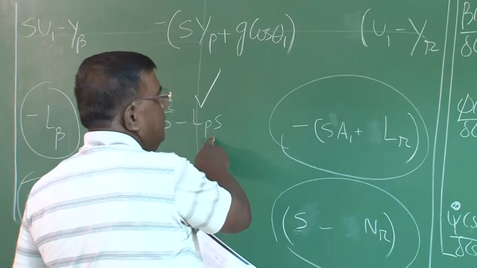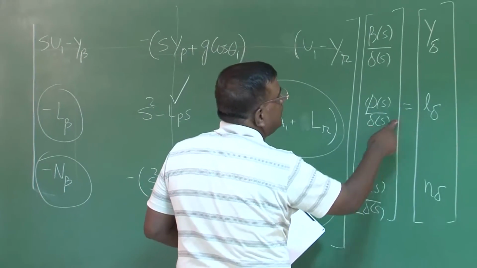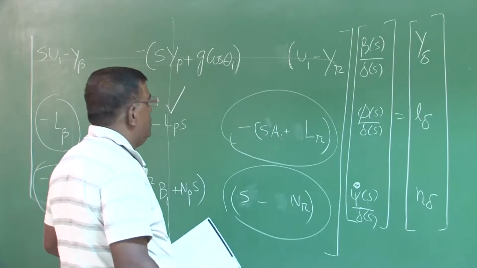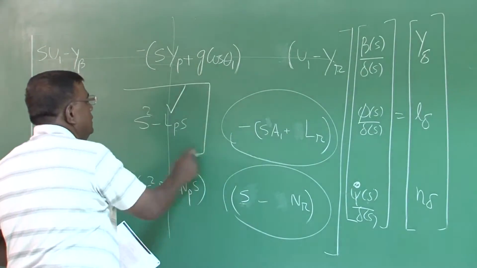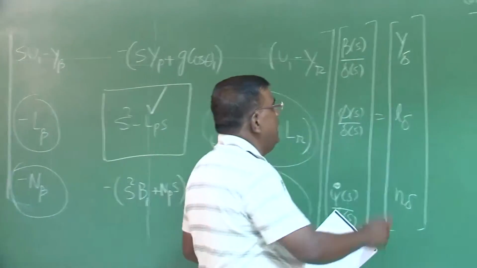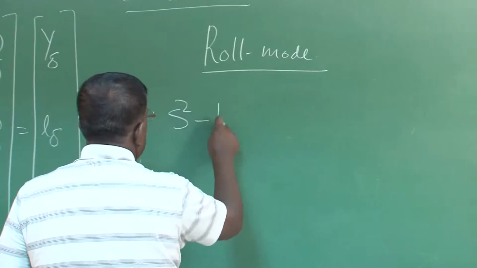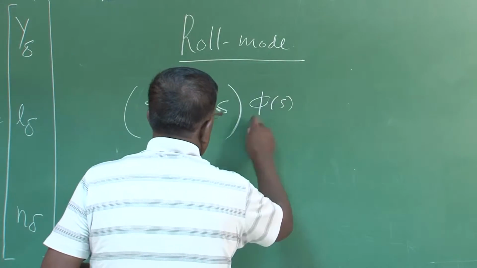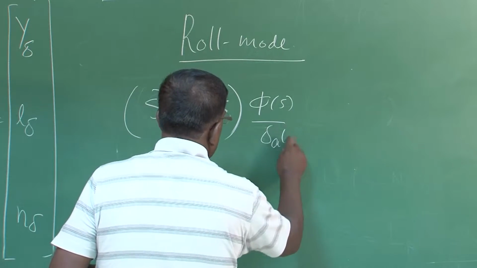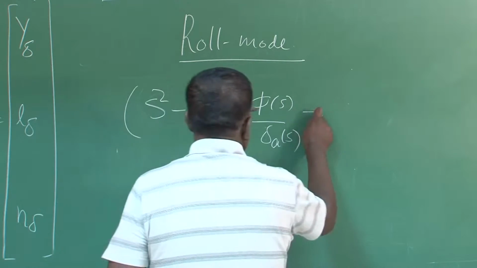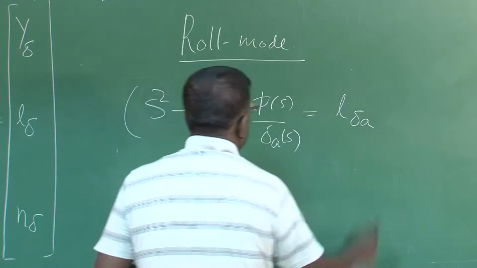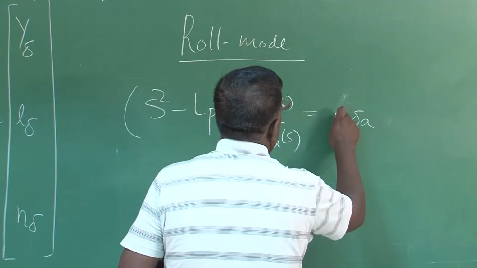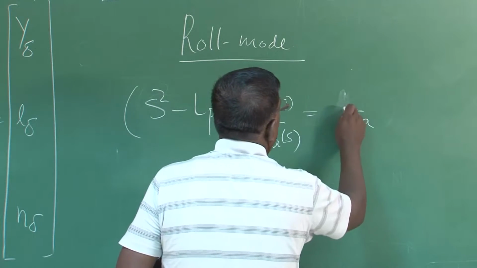So s squared minus L_p s into phi of s by delta of s equals L_delta_A. No yaw motion, no side slip motion, so only this. One dimensional roll, so I can write s squared minus L_p s into phi of s by delta_A, the aileron input, is equal to L_delta_A.